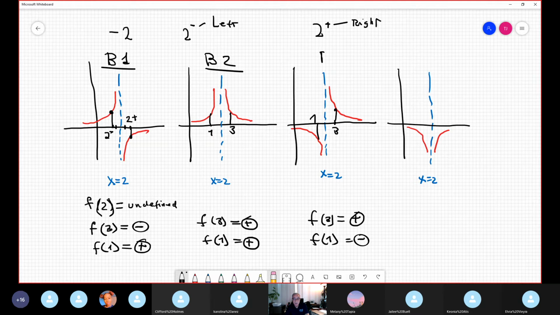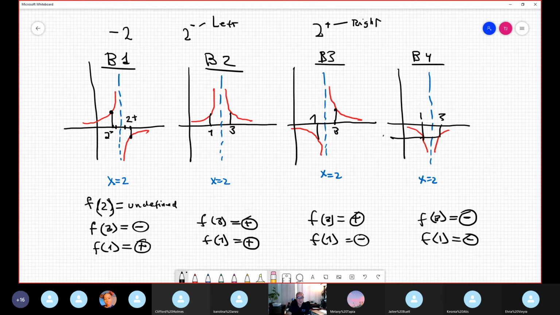So now it's behavior 3. And finally, if both are negative, f at 3 is a negative value. I don't know exactly what. And at 1 is also negative. It's behavior 4.